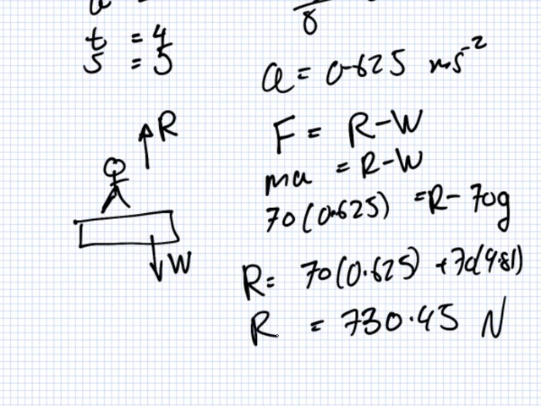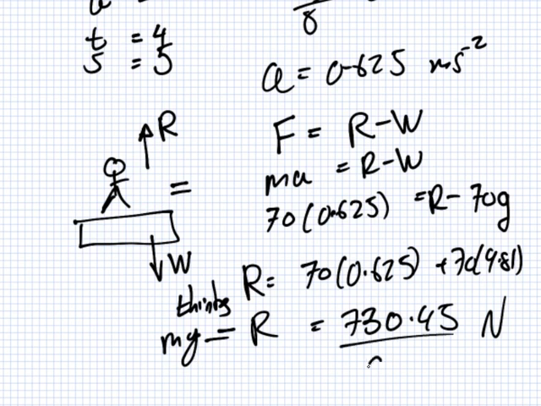Now, how do weighing scales work? They think the person on it is not moving, in other words, they think the R is equal to the W. So the weighing scale thinks this is just mg and calculates the m from that.